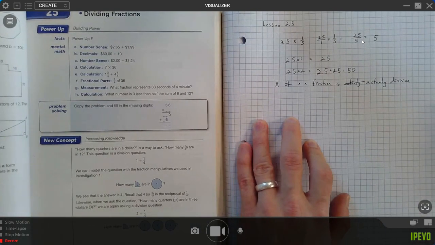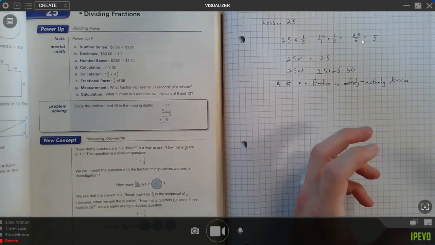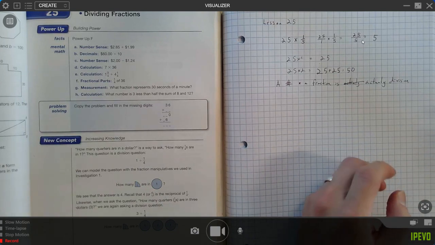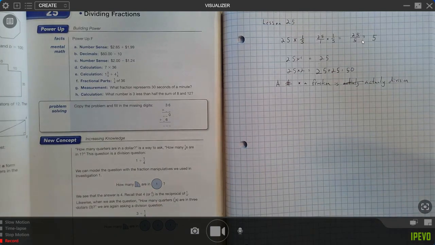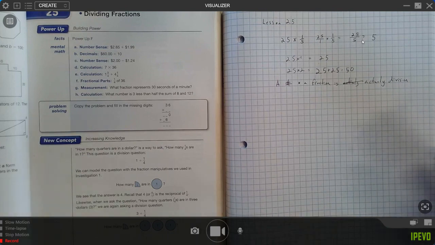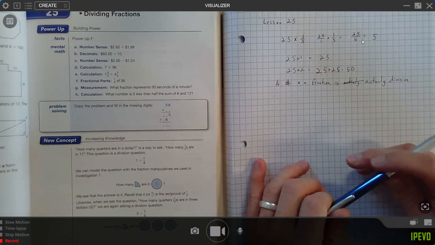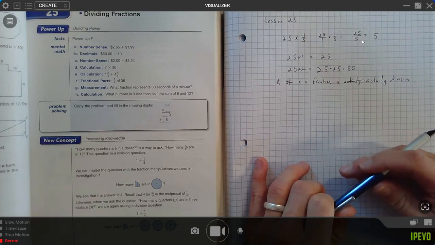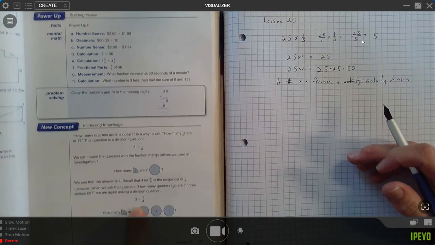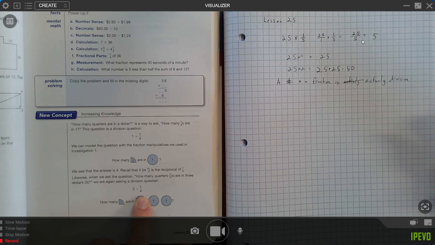Okay. So if multiplying a number by a fraction is actually division, then what's dividing a fraction going to be? Well, we're going to see that pretty easily here. If we're looking in this case at how many times 1/4, okay, a quarter, is in 3, we're going to get a much bigger number than 3, right?